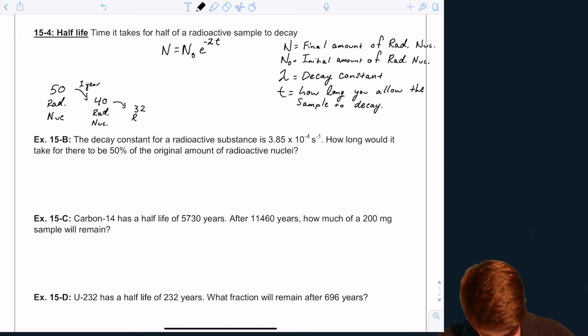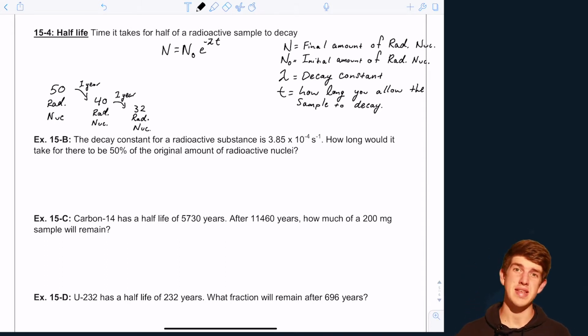So I'll have 32 radioactive nuclei left. So the number of nuclei that decay per year changes. As my population gets smaller, the number that actually decay will also get smaller.